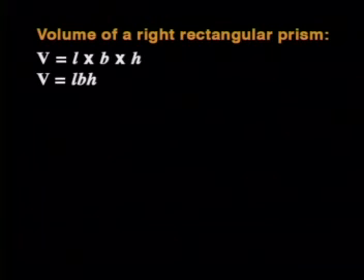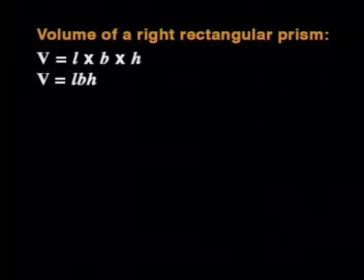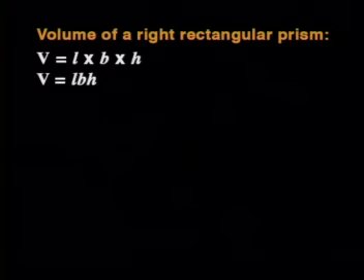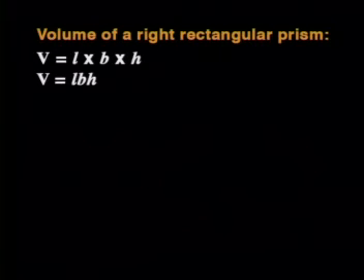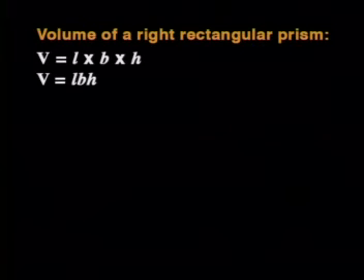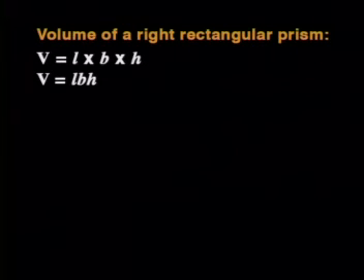Now let me explain this to you using algebra. We can say that the volume of any right rectangular prism can be found using volume equals area of base times height. The area of the base is length times breadth.